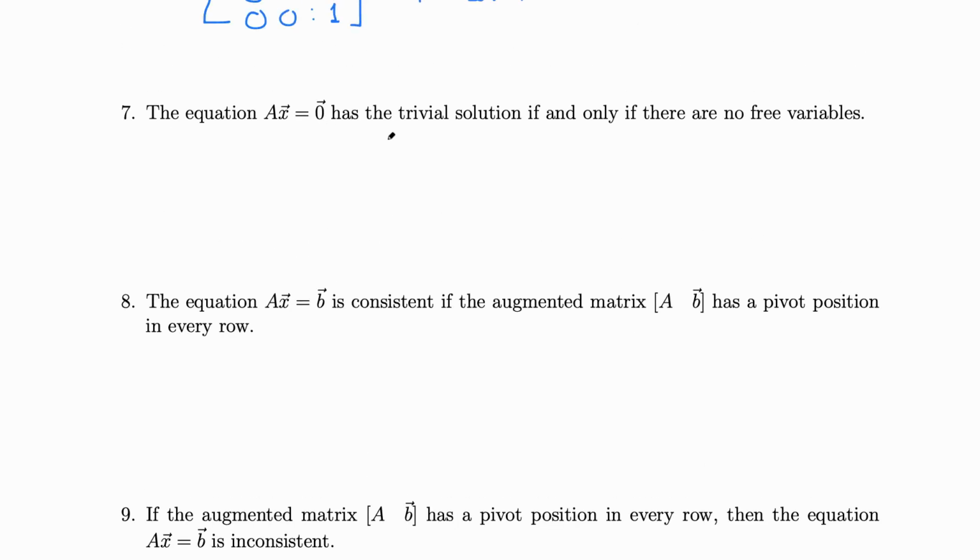The equation has the trivial solution if and only if there are no free variables. So let's do a system with a free variable, and we want to show it has the trivial solution.